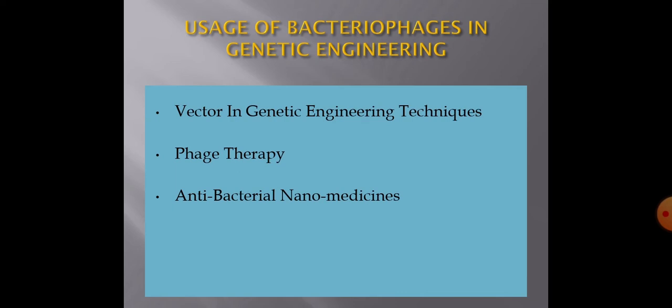So the viruses or the phages are used as a tool for the treatment of bacterial infections, but the use of phages as nanoparticles, they are used to be formulated as targeted drug delivery vehicles. What is the meaning of this statement?